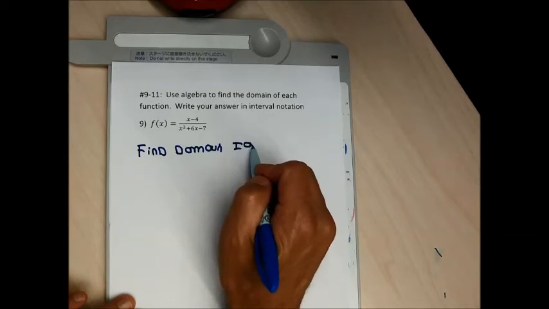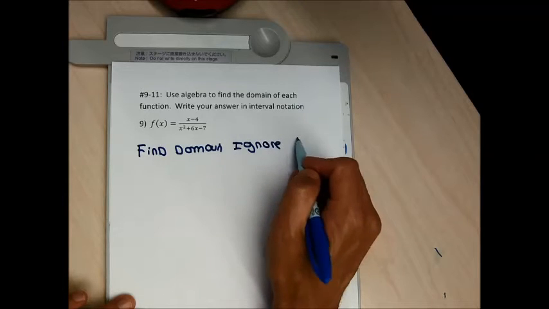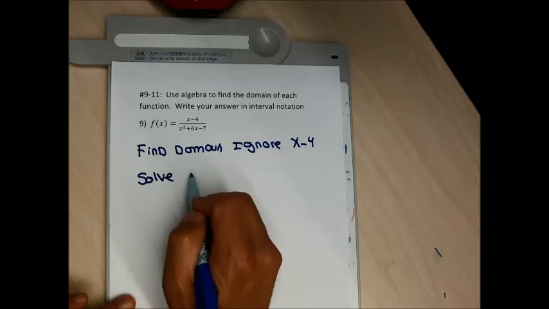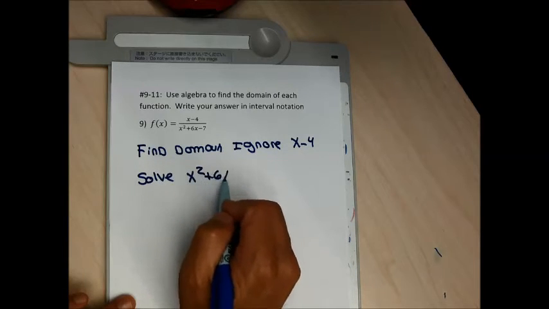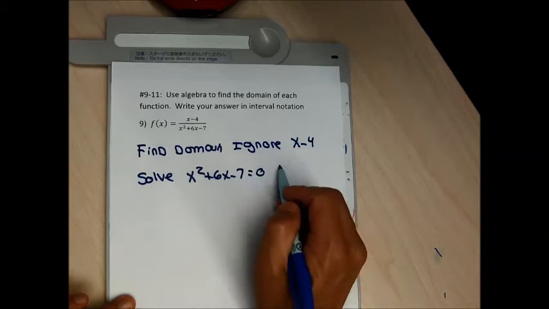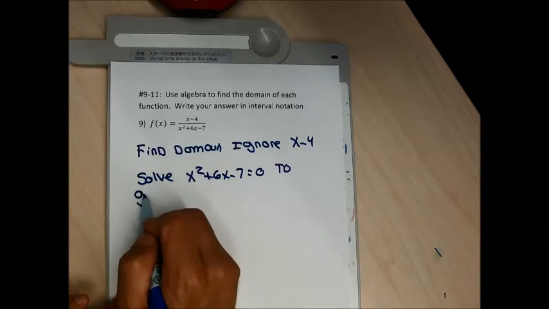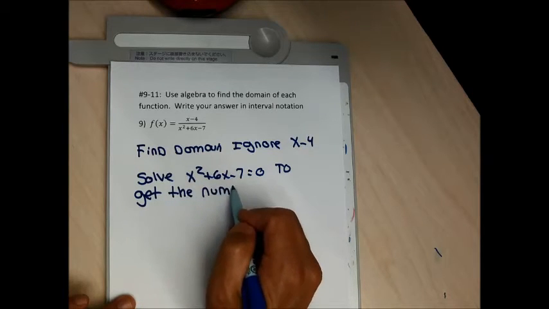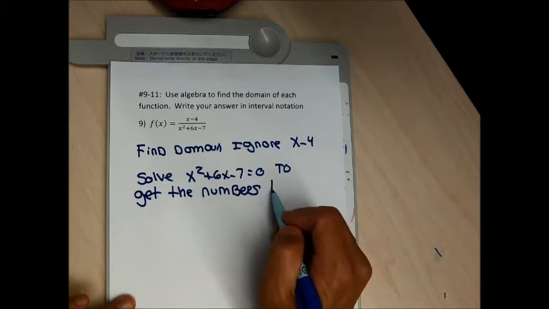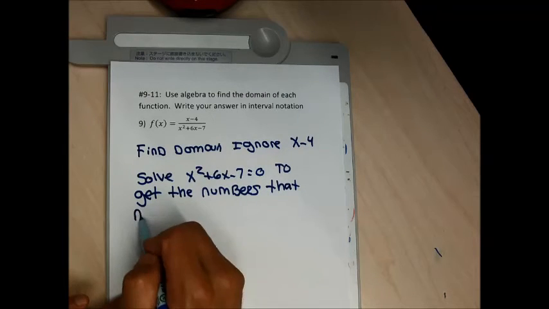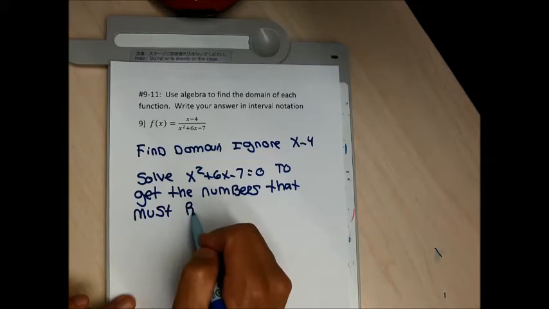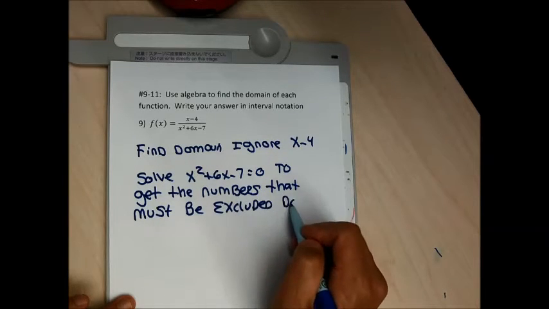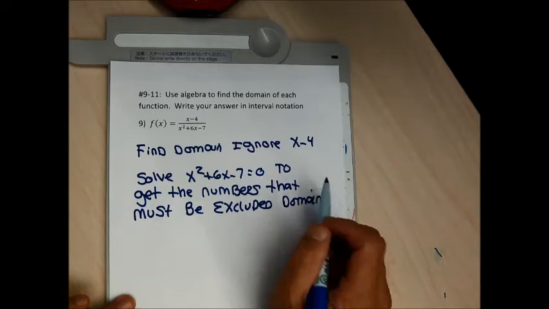So in this case, I'm going to ignore the x minus 4, and I'm going to solve the x squared plus 6x minus 7 equal to 0 to get the numbers to exclude from the domain. And once I have those numbers, I'll be able to write my domain in interval notation like it's asked here.